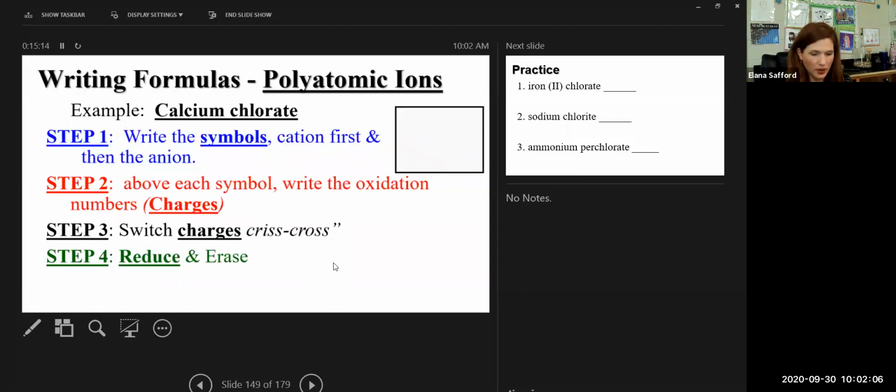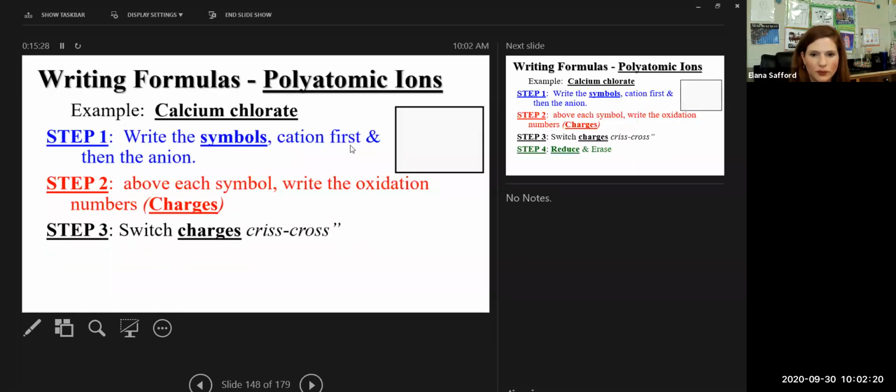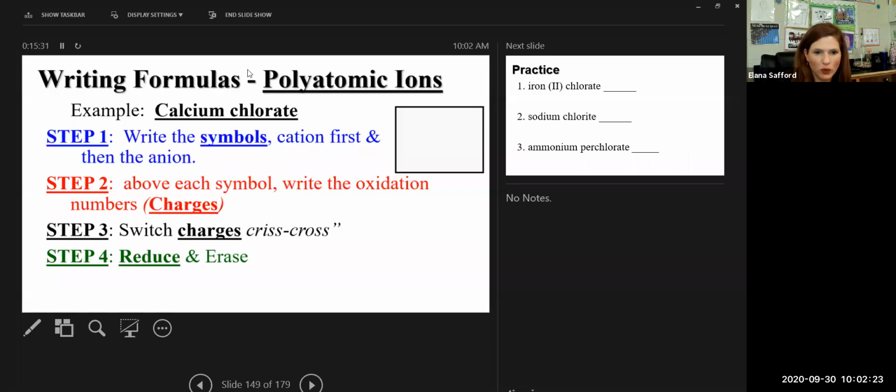And then you're going to end up with Ca, ClO3, 3 minus 1, plus 2, crisscross.